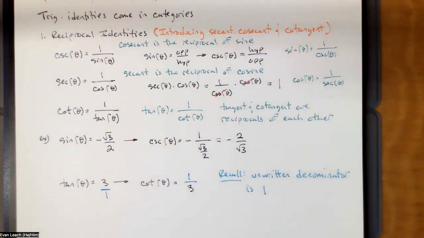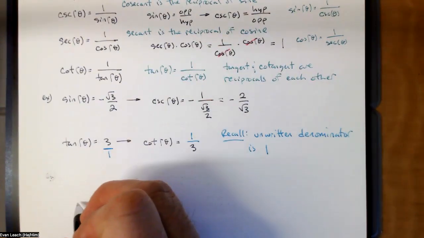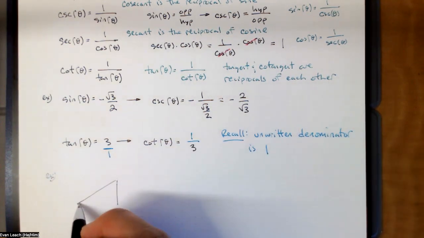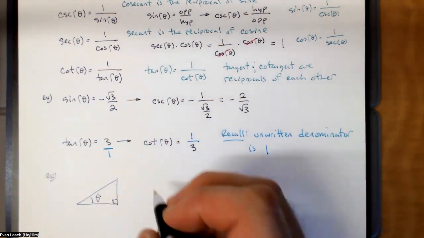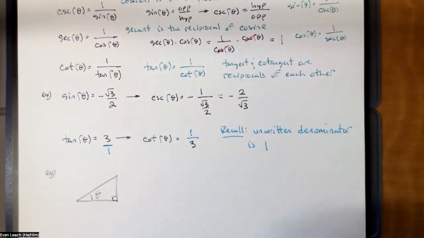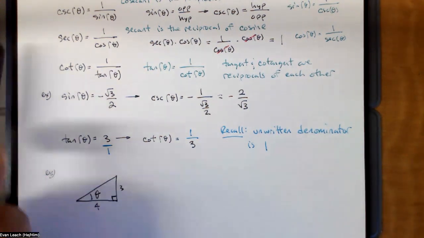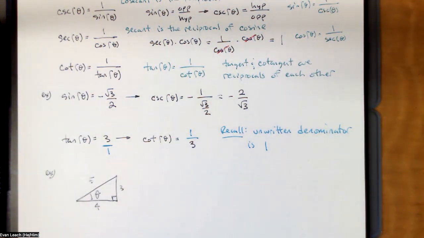So if we happen to have things in a triangle, let's suppose we have an angle theta, and opposite theta is 3, adjacent theta is 4, and the hypotenuse is 5.